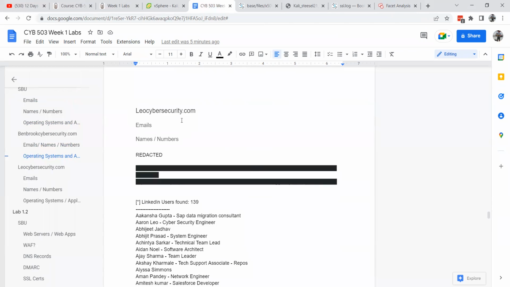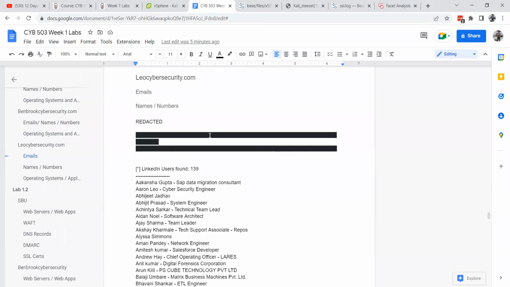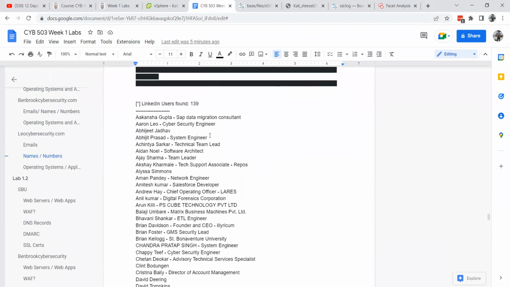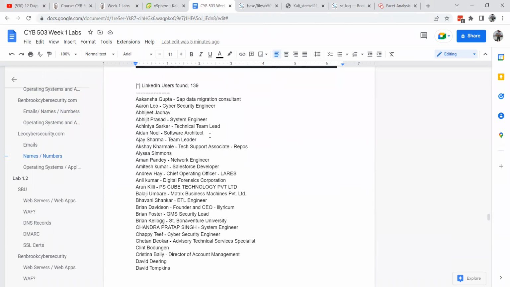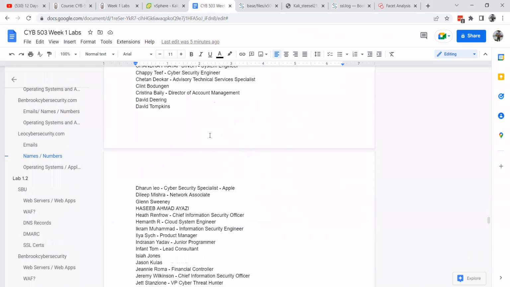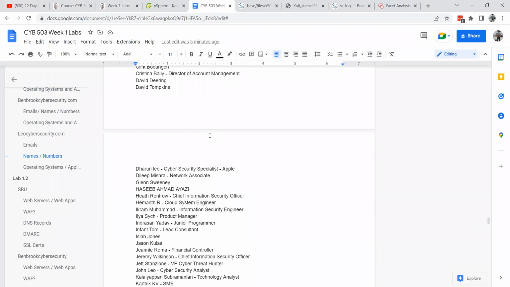The next domain is the Leo Cybersecurity. I don't know what this website is. It was not very good. I don't think that all of these names that I was able to procure, 139 of them, were anything relevant.